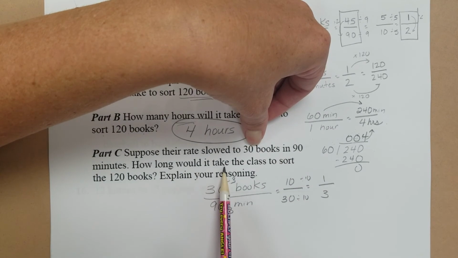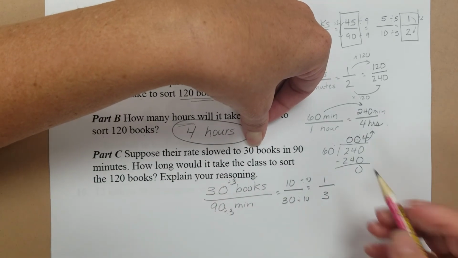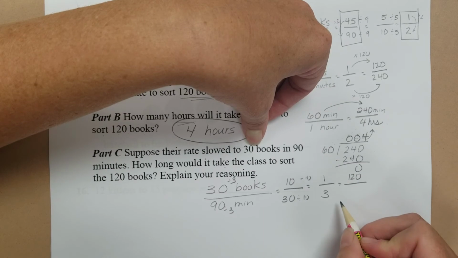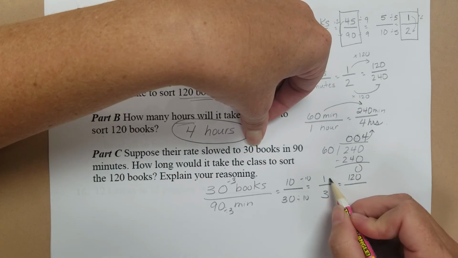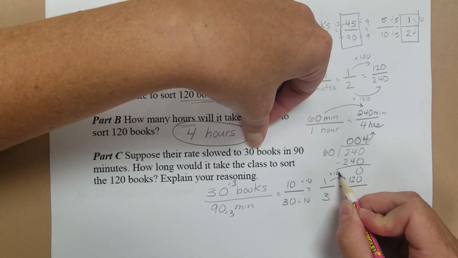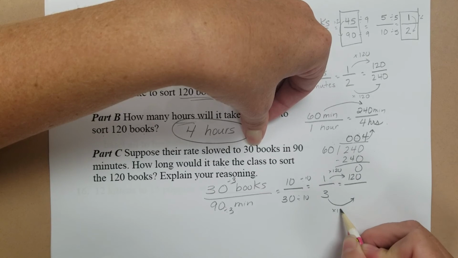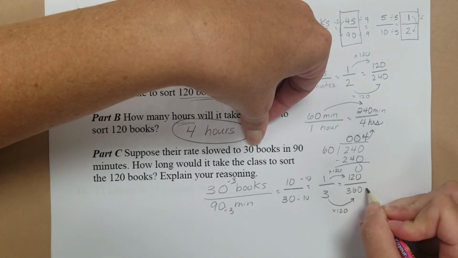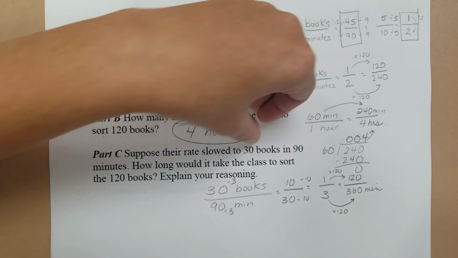How long would it take the class to sort 120 books? So we're going to put 120 up here. So we multiply by 120, and we multiply by 120, okay? And you're going to get 360 minutes, okay?